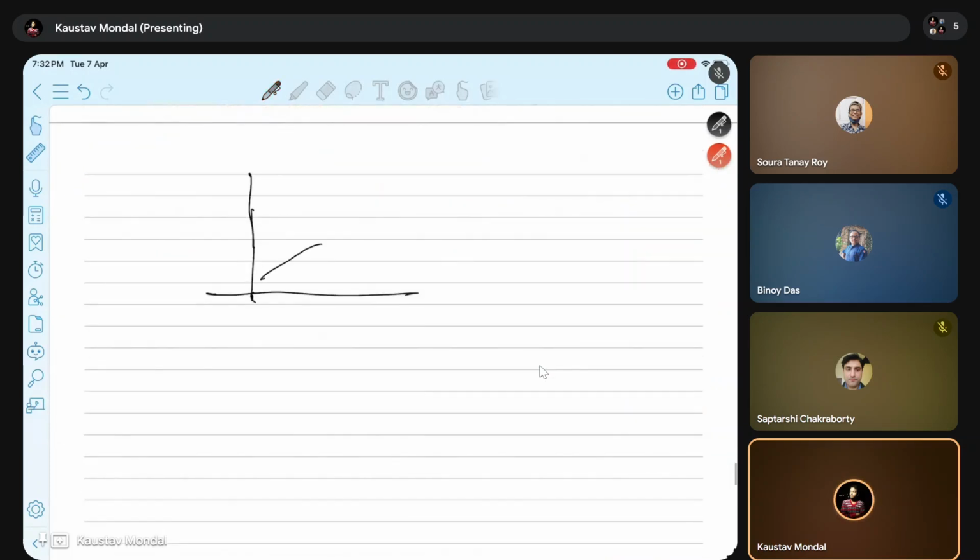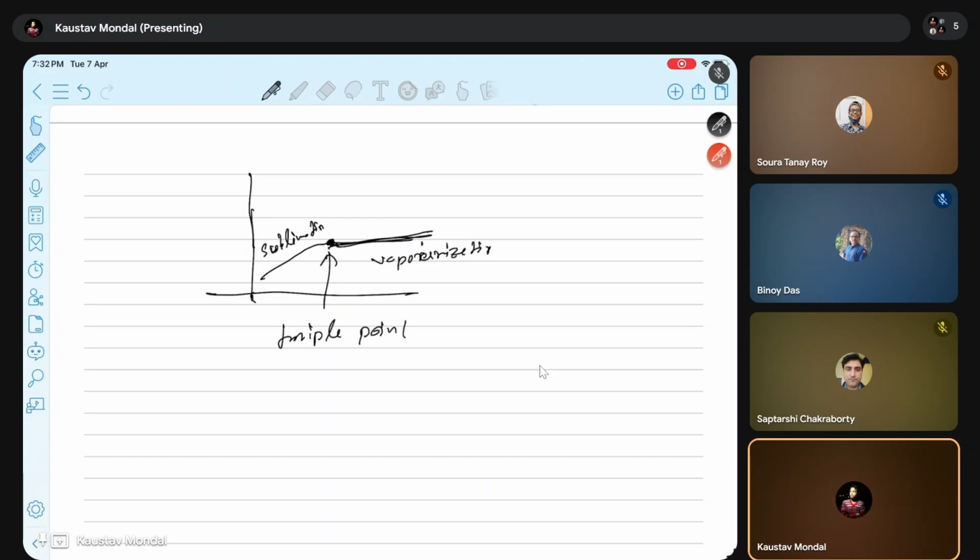This is the sublimation curve, and this is the vaporization curve, and this is the triple point, where both these curves meet.